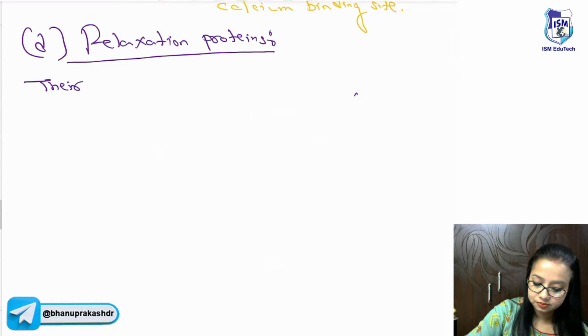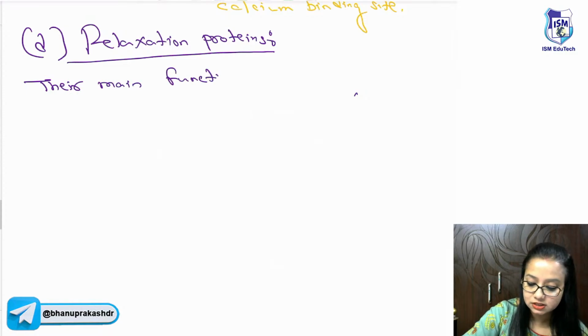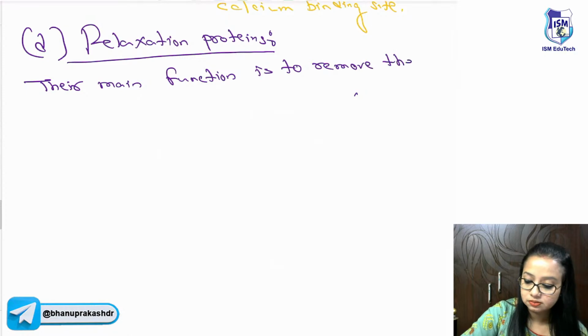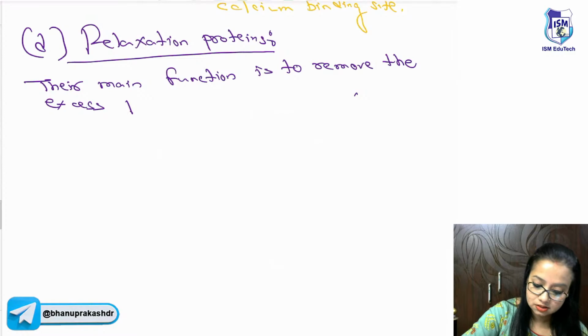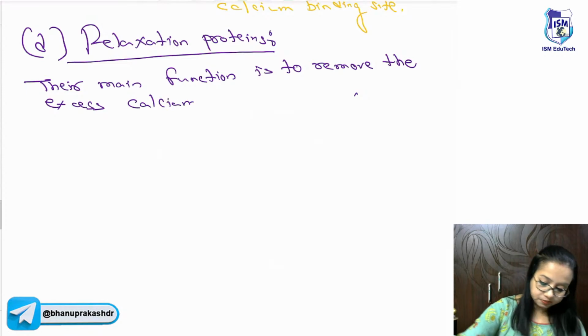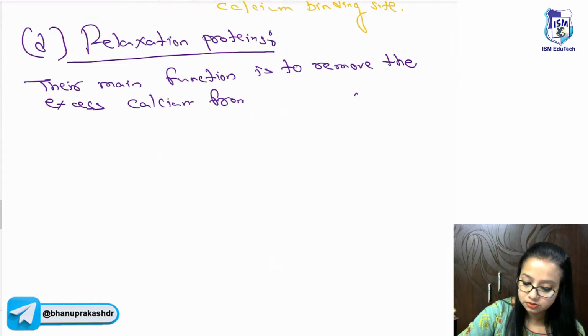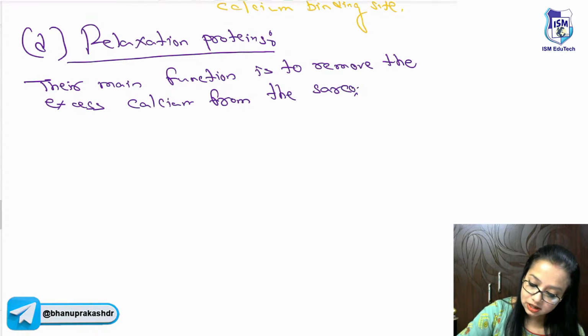So relaxation proteins, their main function is to remove the excess calcium from the sarcoplasm.